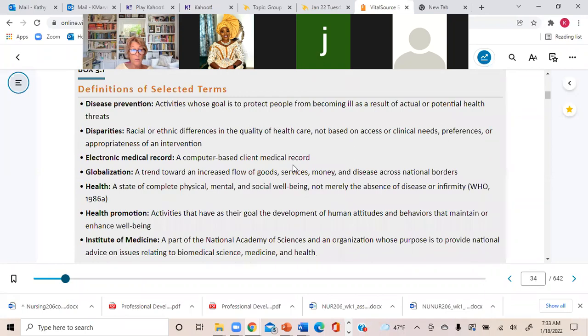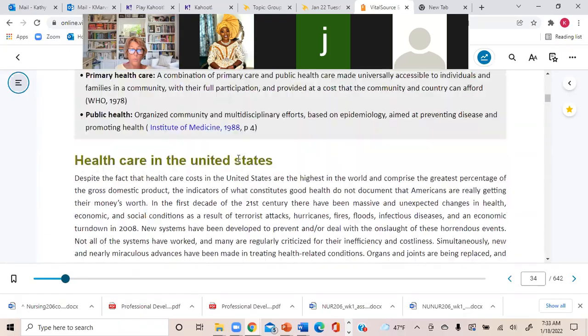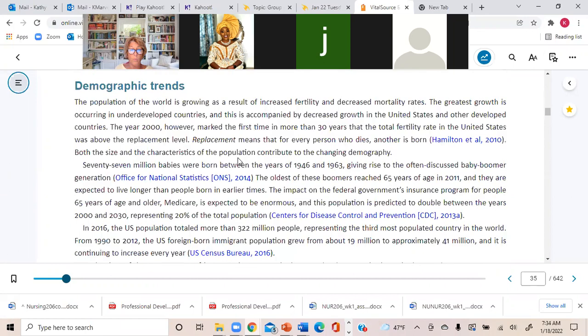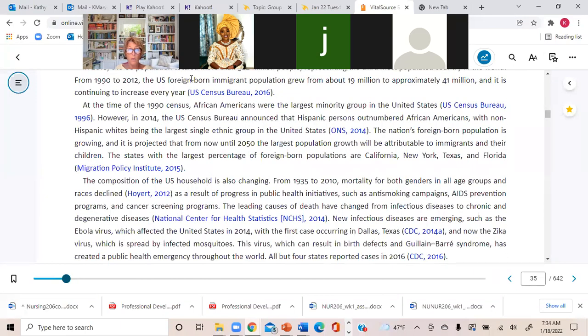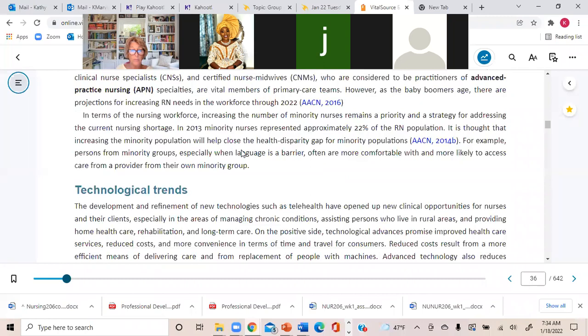Let's see what you need to know here. I would definitely suggest I'm going to find the Healthy People 2020 box and the Levels of Prevention box, because we need to know that.